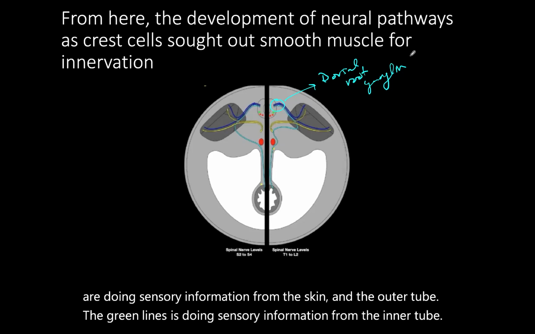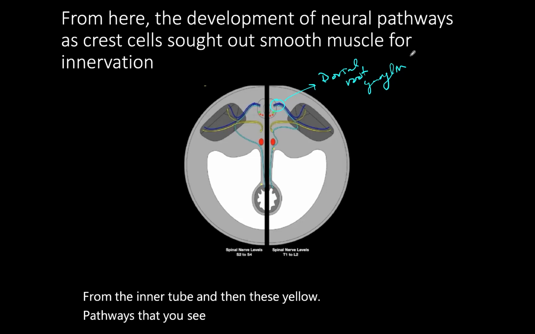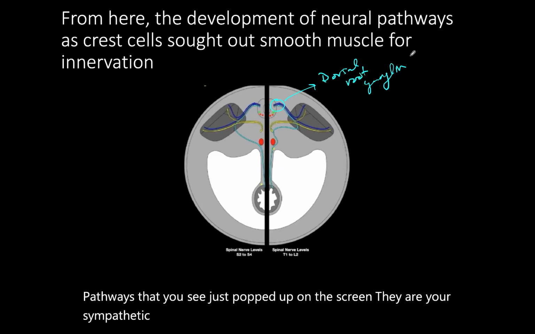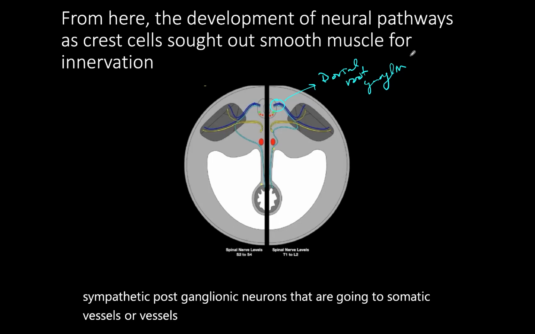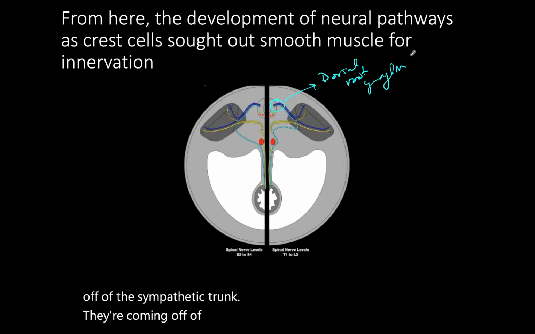From the inner tube. And then these yellow pathways that you see just popped up on the screen, right? They are your sympathetic postganglion neurons that are going to somatic vessels, or vessels within the body. And that is also coming off of the sympathetic trunk.